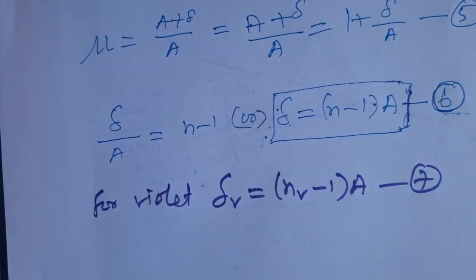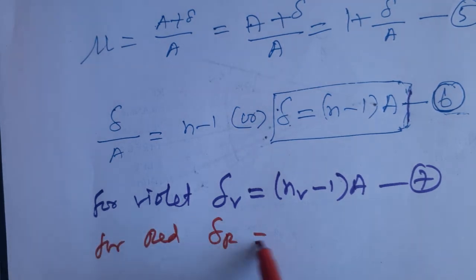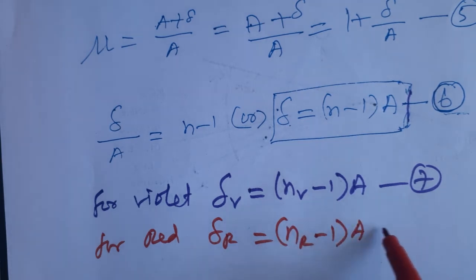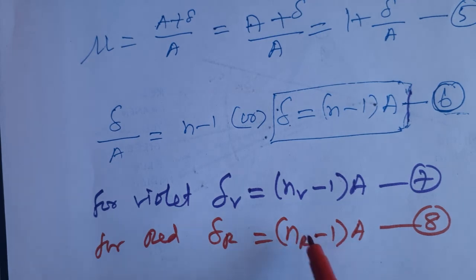And for red color, delta R equal to (n of R minus 1) into A. This is the deviation for red color and this is the refractive index for red color.